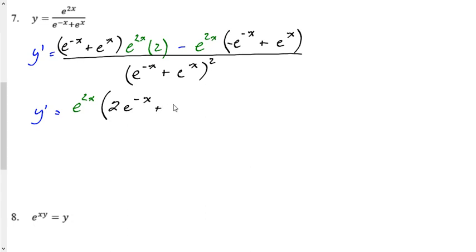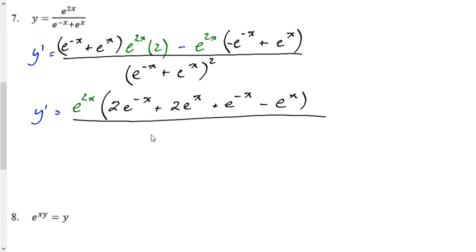And then I'm subtracting the second black bracket. So subtracting the negative turns it into addition. So plus e to the negative x, and then minus e to the positive x. And then we'll collect like terms in the numerator.